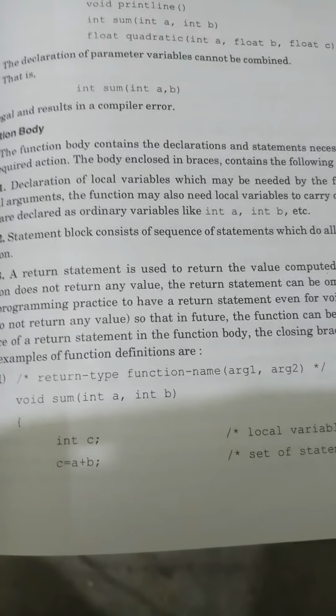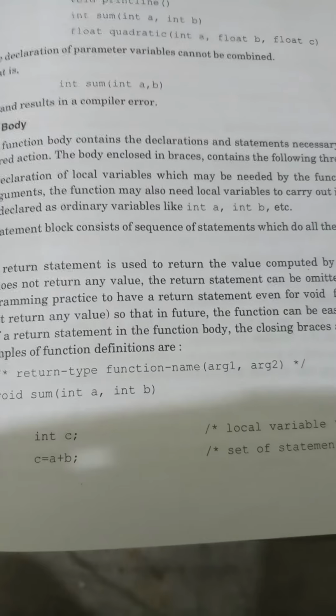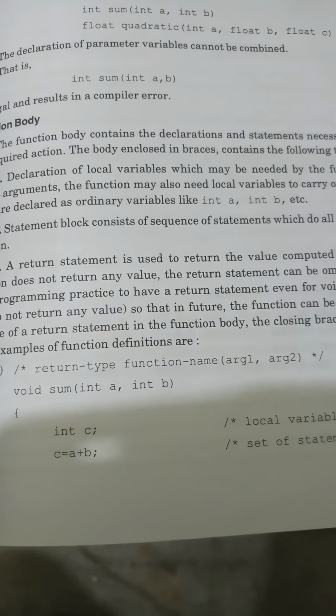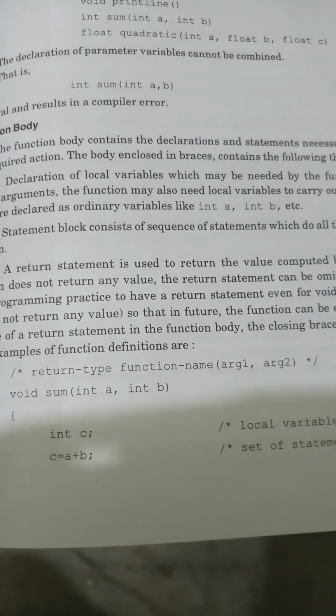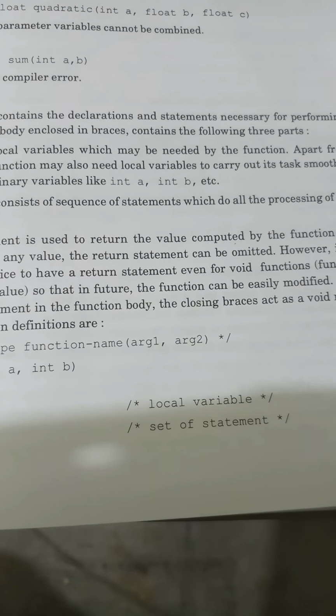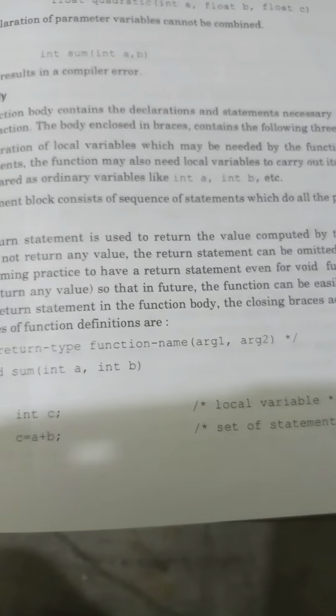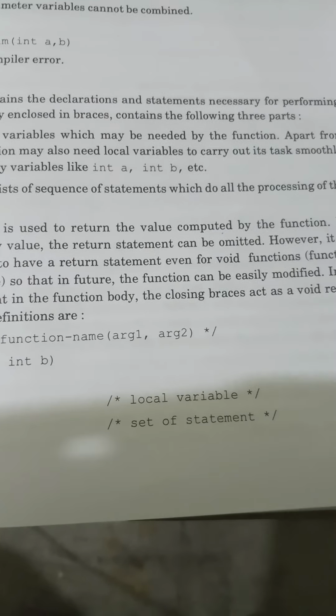Void sum, bracket, int a comma int b, int c as a local variable, c equal to a plus b semicolon, set of statements.